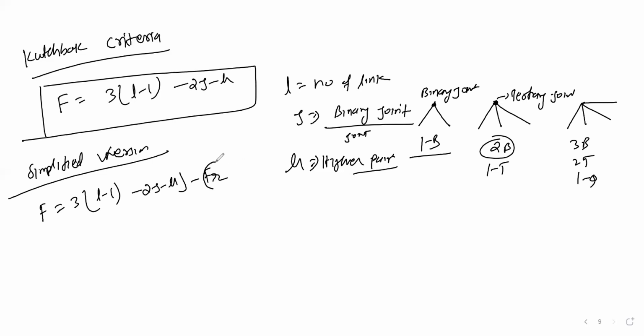Here FR is known as the number of those motions which are not part of the mechanism.